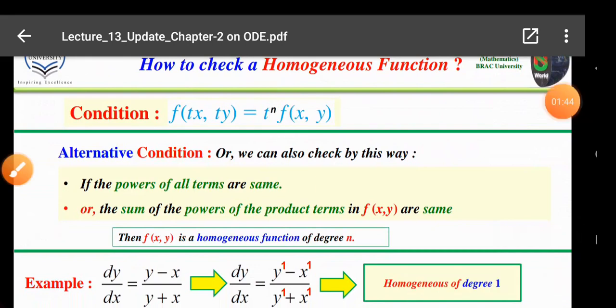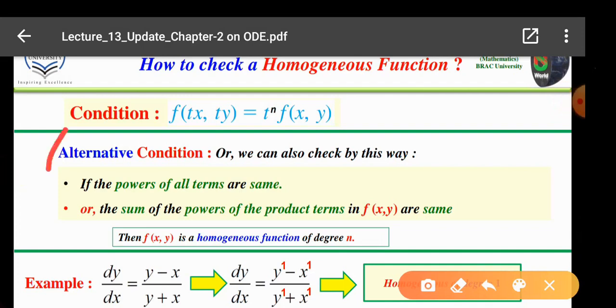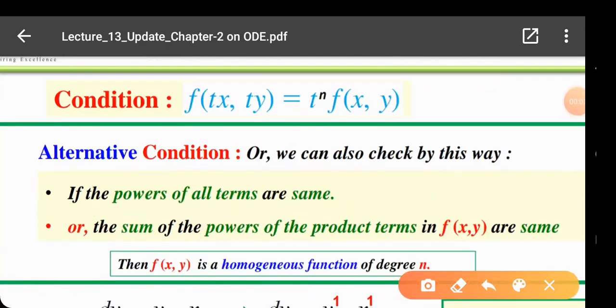I think it is getting difficult to understand. That's why I have come up with an alternative condition. You don't need to check this one, you can check this process. I am going to demonstrate the alternative condition to check whether a function f(x,y) is homogeneous or not.